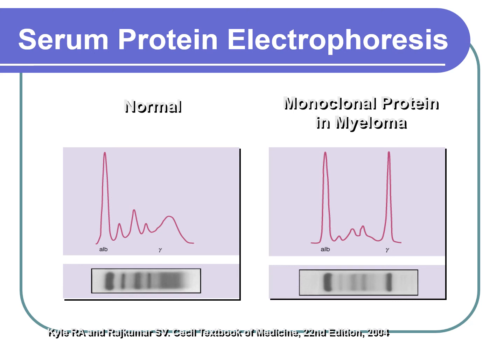In this figure, just to show you, in normal protein electrophoresis, albumin constitutes the major part of the circulating protein in our plasma or serum. But in patients with multiple myeloma, we have a spike in the gamma region, which is very characteristic of a case of multiple myeloma.